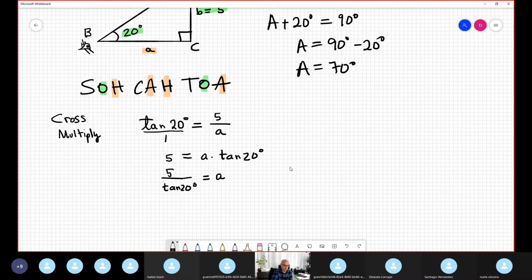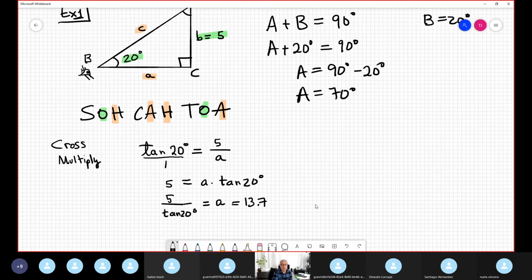I press enter, I get the answer, and you truncate or round off the answer to the nearest hundredth, to two decimal places. 17.7. Yeah, 17 or 13? 13. Sorry, Professor, it was a mistake. It's 13.7. Exactly. This is the measurement of A.